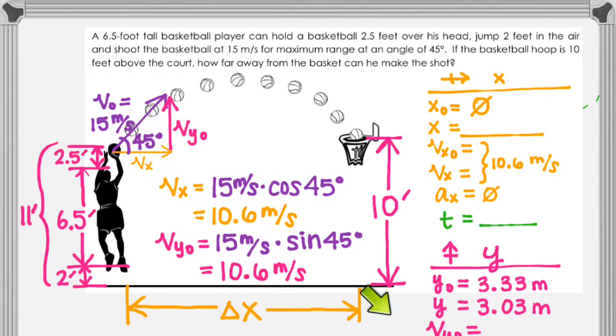The initial velocity in the y direction is what we calculated here, 10.6 meters per second. But remember, y changes due to gravity, so these are not the same like they were in the x direction. Then that leaves me with gravity, the acceleration due to gravity. I don't know the final velocity. It's not the same height. It's off by a foot, so I can't say that this is a negative 10.6.